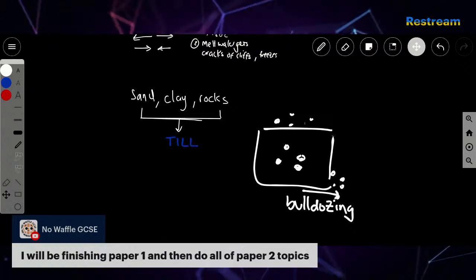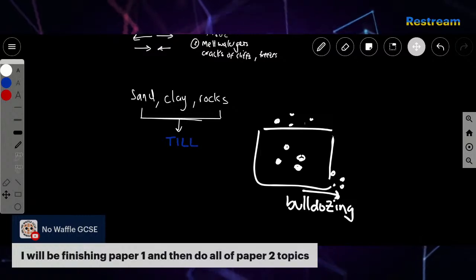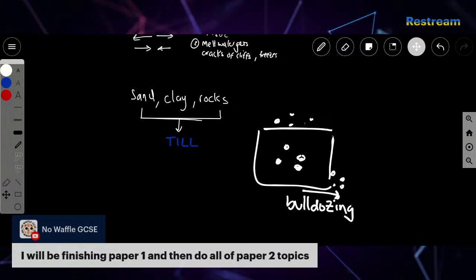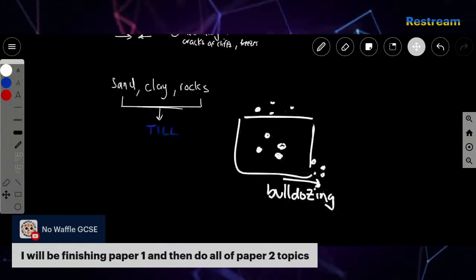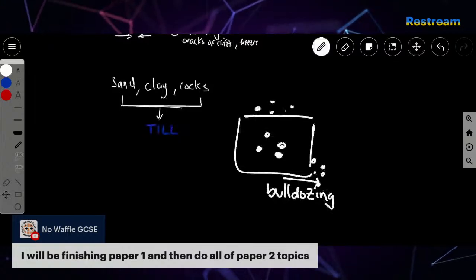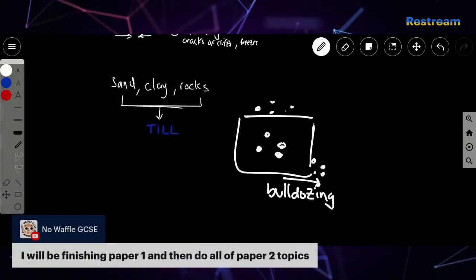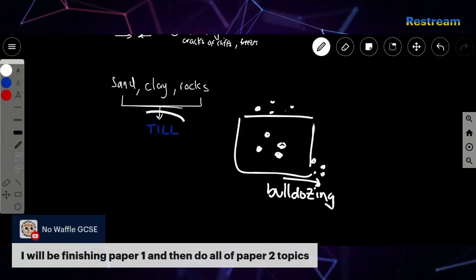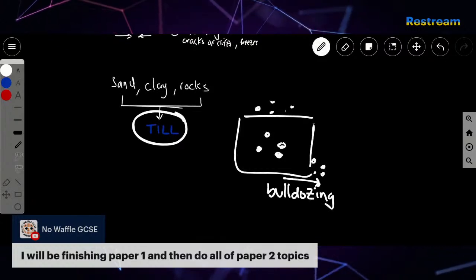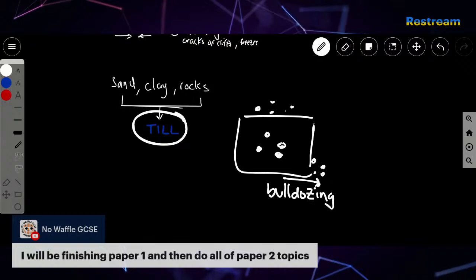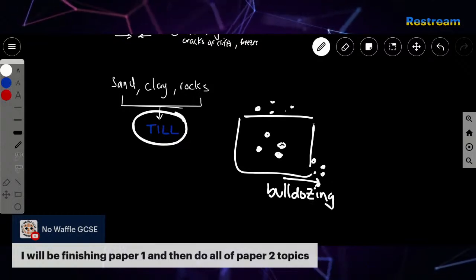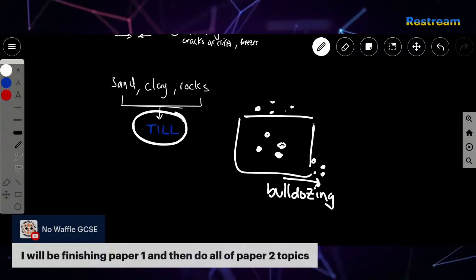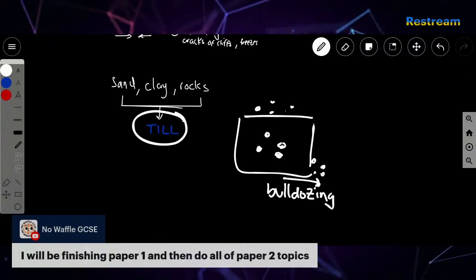Now, most of the glacial deposits, so most of the till, is actually not sorted by size and weight because rocks of all shapes and sizes are mixed up together. So just like in the coast where different sizes of rocks are transported in different ways, in glacial processes they are all deposited the same way.